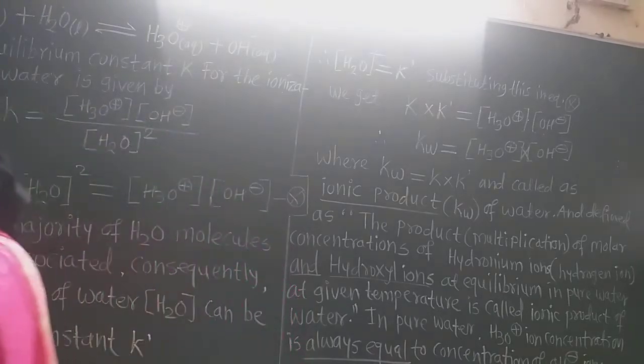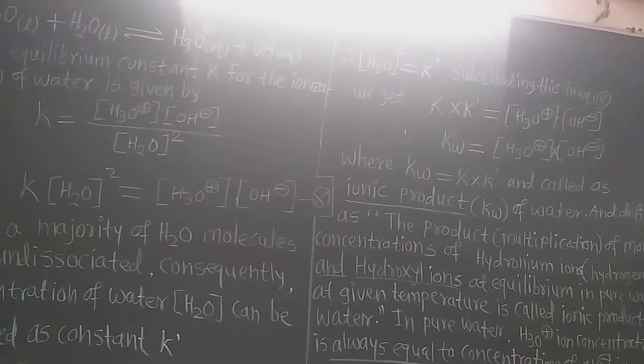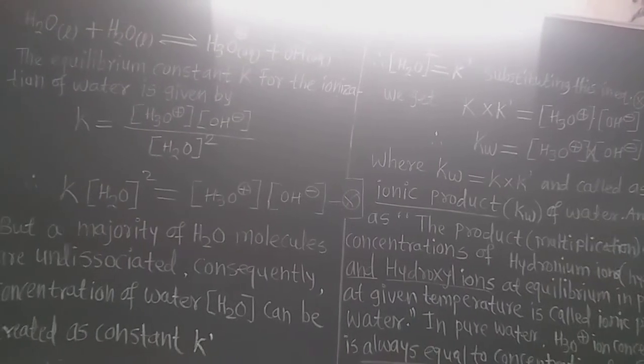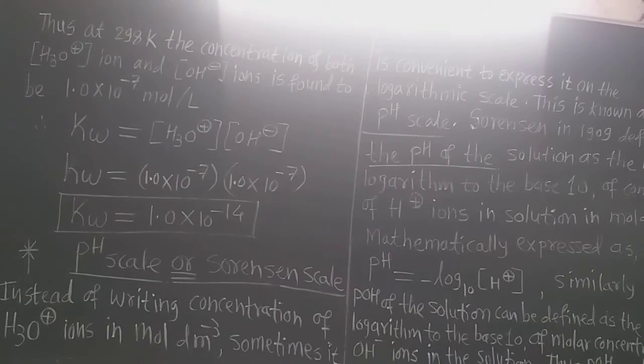So if we take the concentration of hydronium ion and the concentration of hydroxyl ions as equal, then what will happen? Now let us learn. Pay attention, students, on the blackboard.